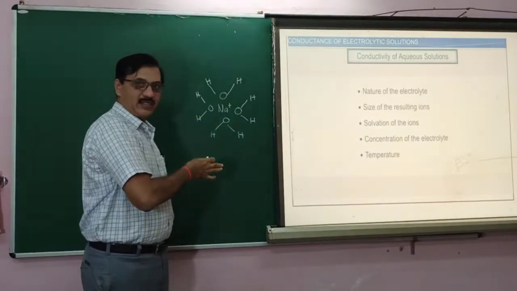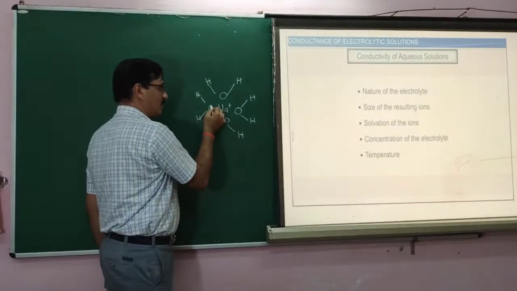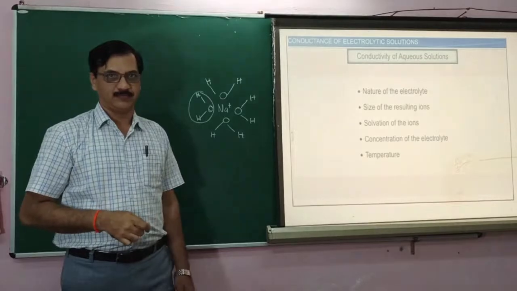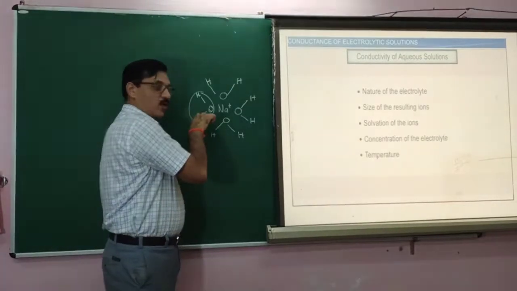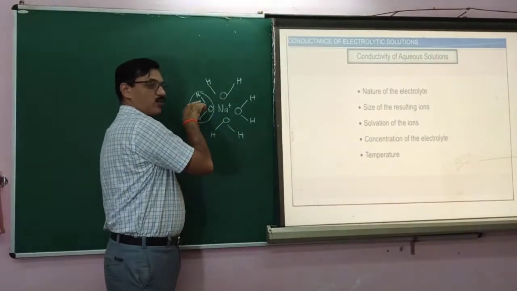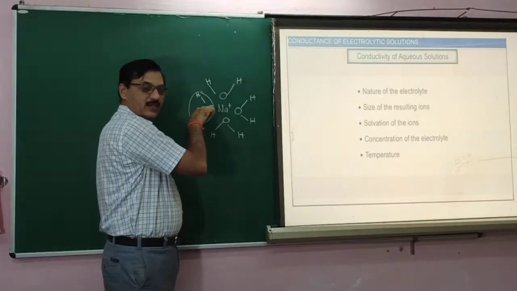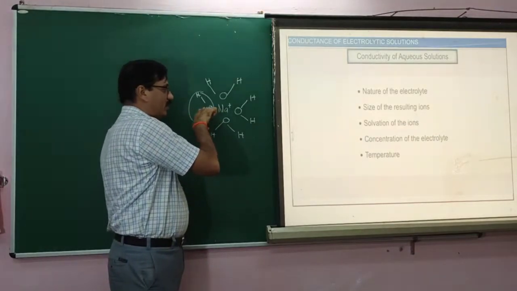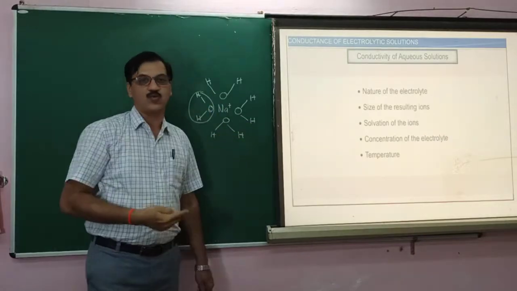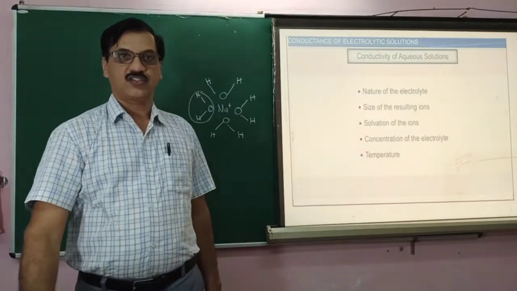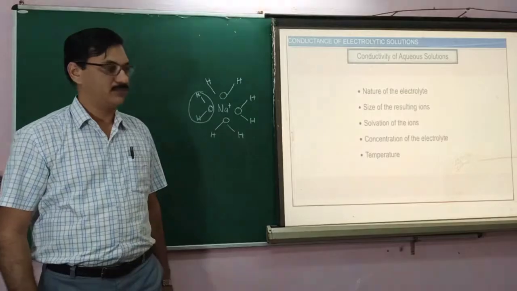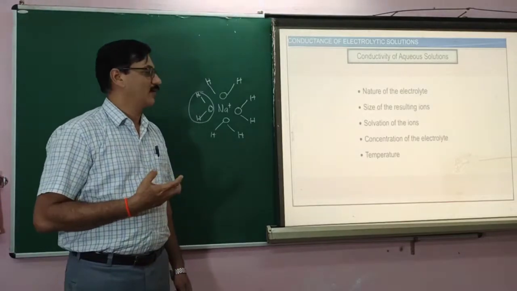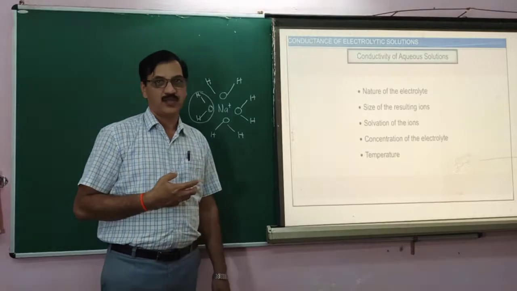This arrangement happens because this is the negative end of the polar molecule water. Oxygen being more electronegative, there exists a dipole moment, and because of that ion-dipole attraction, they surround that ion. This is called solvation. Solvation of an ion also affects conductivity values.